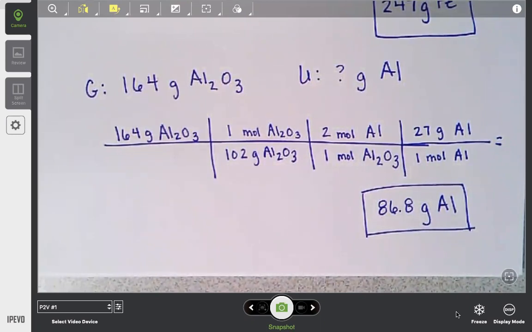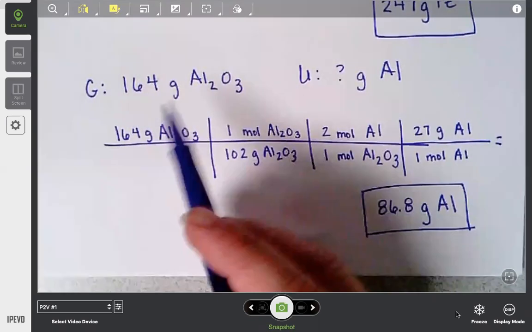Okay. Then we're not finished with stoichiometry. We're going to include, probably tomorrow, things like atoms and molecules and formula units and liters. It's the same chapter 10 material. You're still going to be using mole ratios.